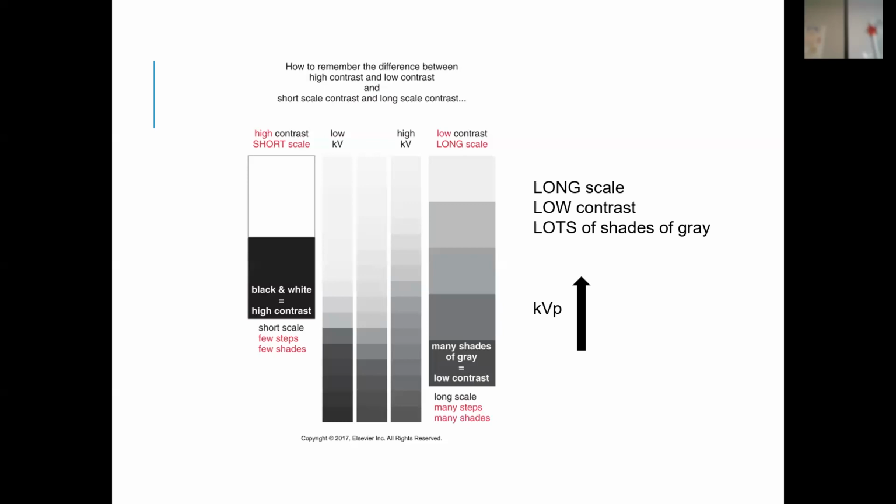So then what you can do here is you can kind of draw your picture. So what we know is up here, you can put low KVP will give you long, lazy waves, wavelengths.